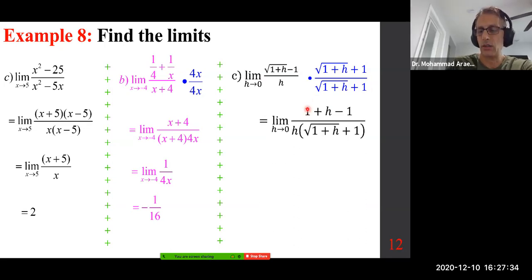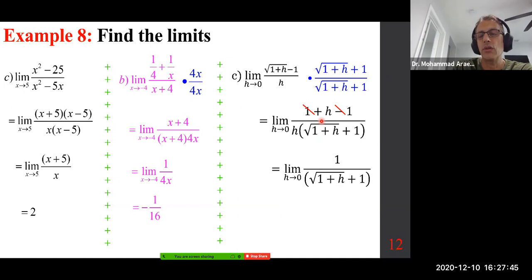So 1 and negative 1 cancel each other. Remember, the 0 in the denominator is a problem, and so h is approaching 0. Now h drops as well, and practically you're done, because if you plug in 0, this becomes 1 and 1, becomes 2, 1/2.